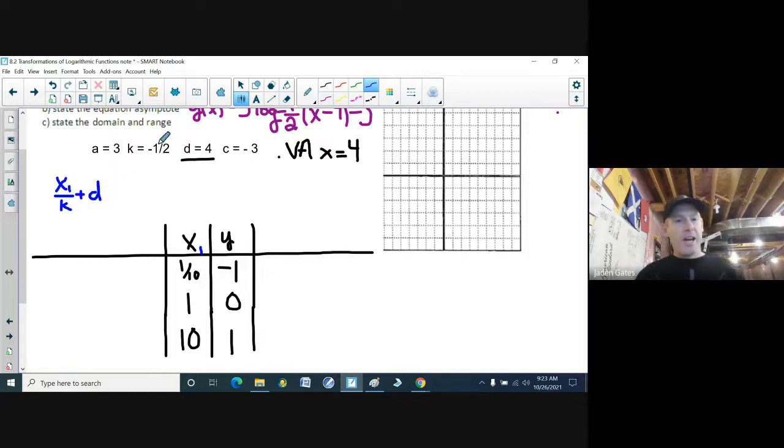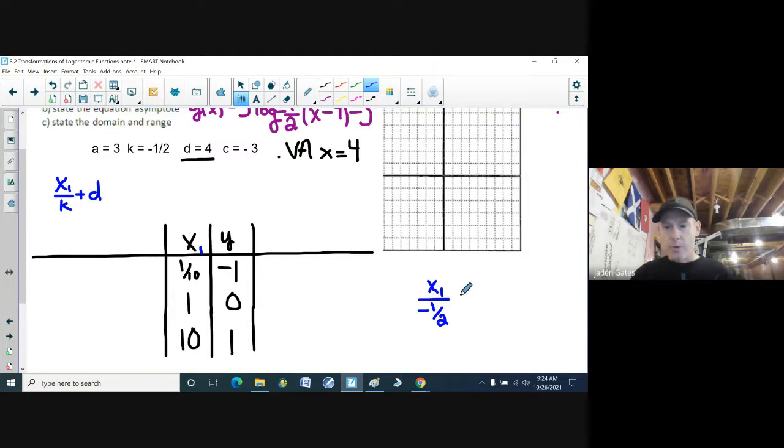Now here's something. I'm going to go over on the side here. x1 over k, where k is a fraction. This is something we've had earlier this year. It's one of the reasons I went through it: we've got a negative half here. For those of you who remember, when you are dividing by a fraction, you invert and multiply.